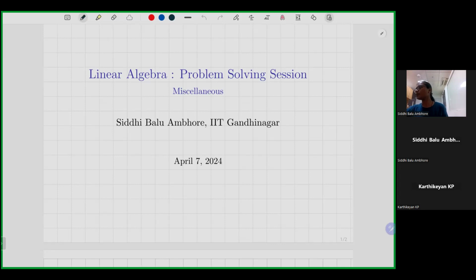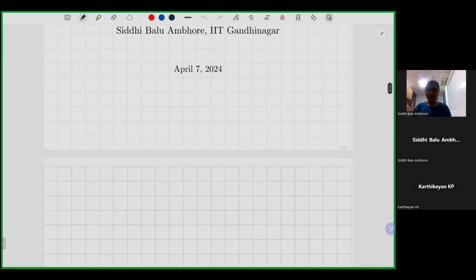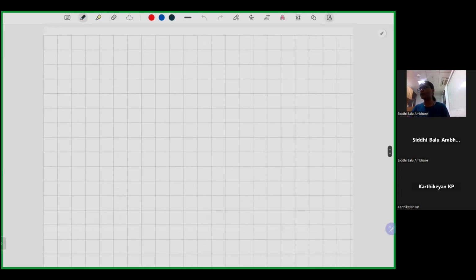It is from polynomial inner product. Week 10 assignment. Is it this ax cube plus bx square in P3R? Yes. So let us try to solve this one.